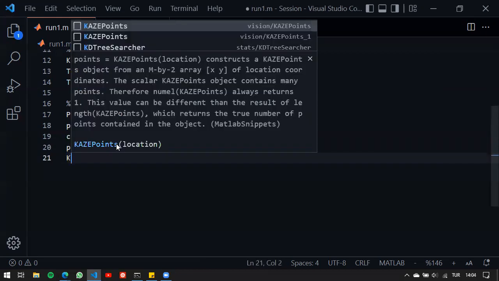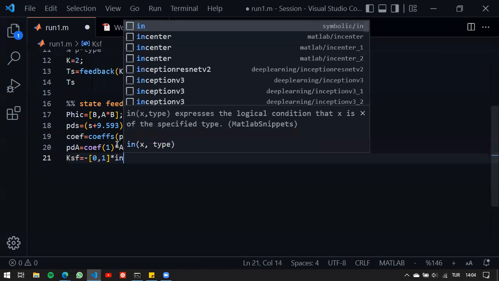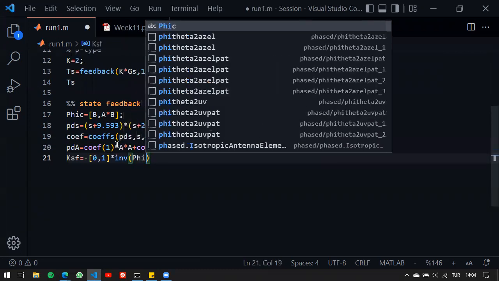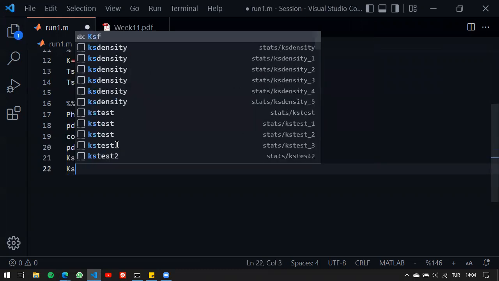The only thing that's left is, let's call it state feedback. I'm going to use the minus sign here. We will have 0, 1 times the inverse of the controllability matrix times PDA. So KSF.